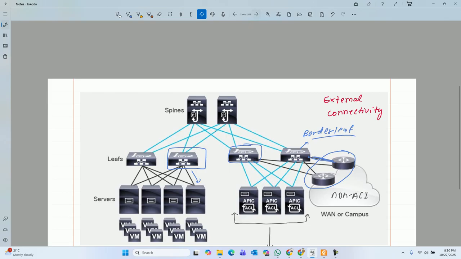Then guys, we were talking about the Nexus switches here. So in an ACI environment, we are going to use the Nexus switches in ACI OS mode. And our Nexus ACI solution is based on Nexus 9000 series switches. So 9000 series is the parent switch.